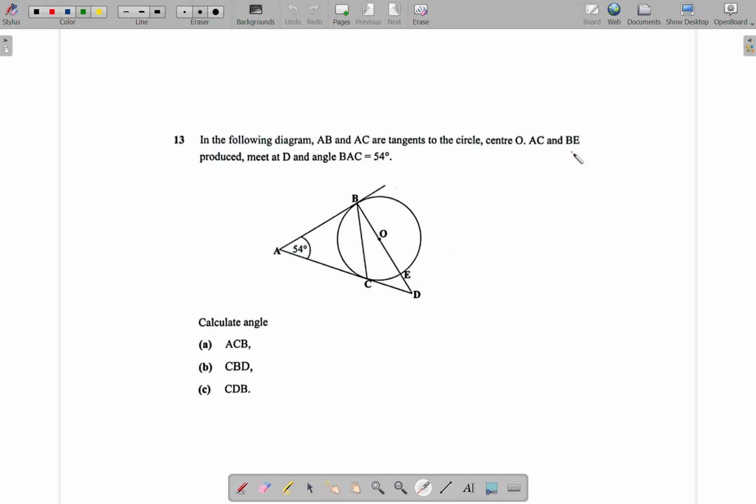AC and BE produced meet at D. When you produce AC and BE, they'll meet at D. Remember that theorem from property 2: from an external point, A is an external point, the lengths AB and AC are the same.